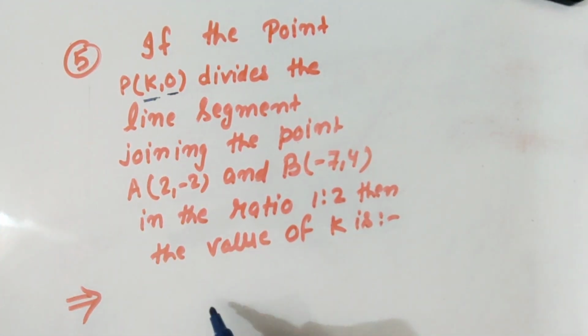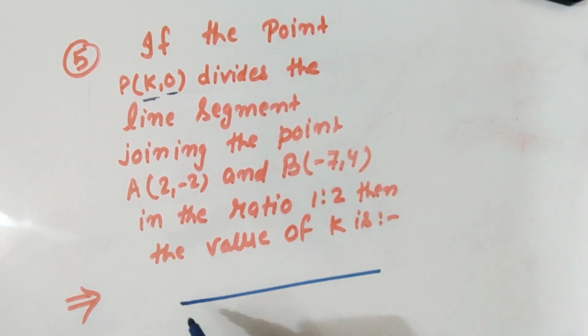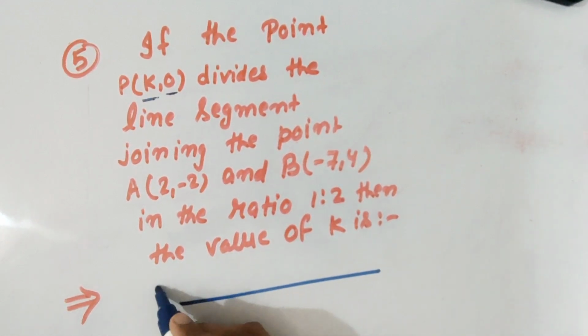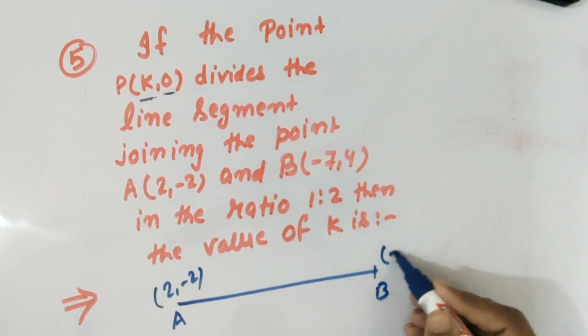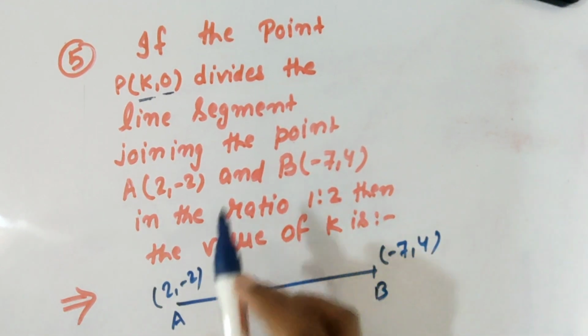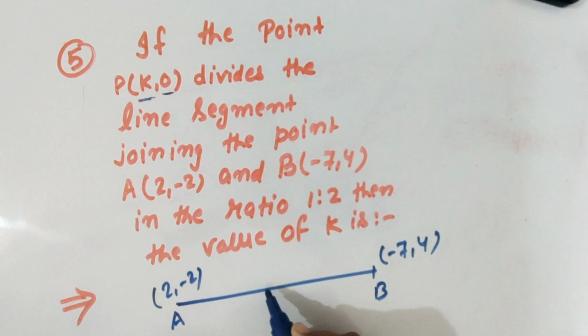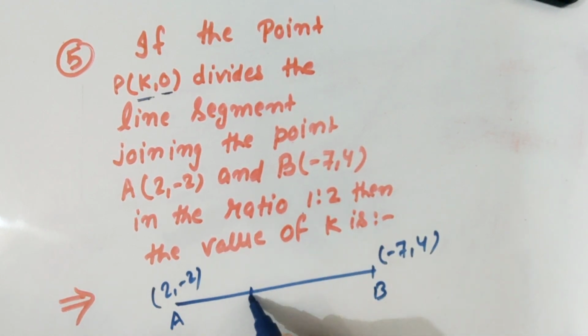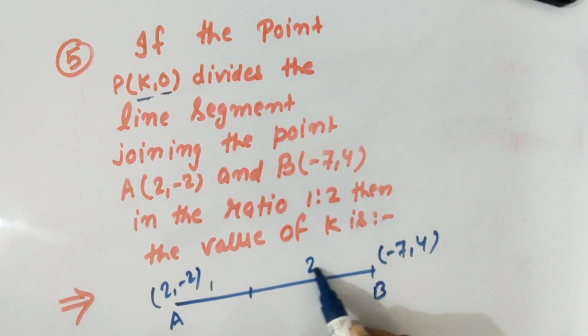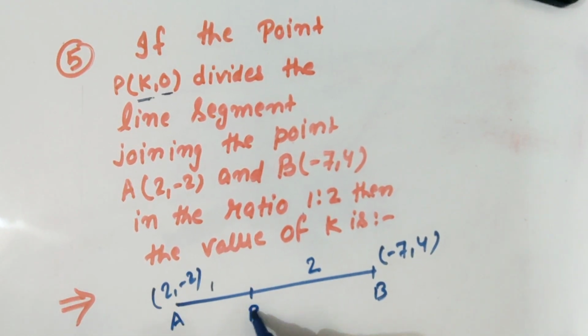How do we solve this question? First, draw one line. Point A is given as (2, -2) and point B as (-7, 4). I don't know the midpoint here because the ratio is given as 1:2. So here it is 1 and here it is 2, and point P is given as (k, 0).